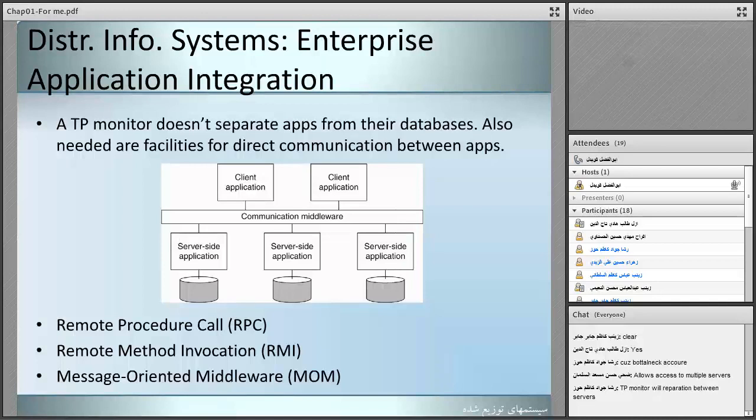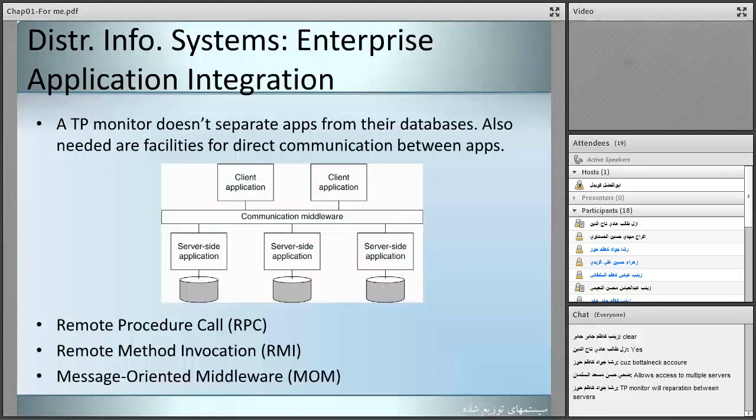Also needed are facilities for direct communication between applications. So we have some requirements such as remote procedure calls. Remote procedure calls, or RPC in short, is to call a procedure remotely.